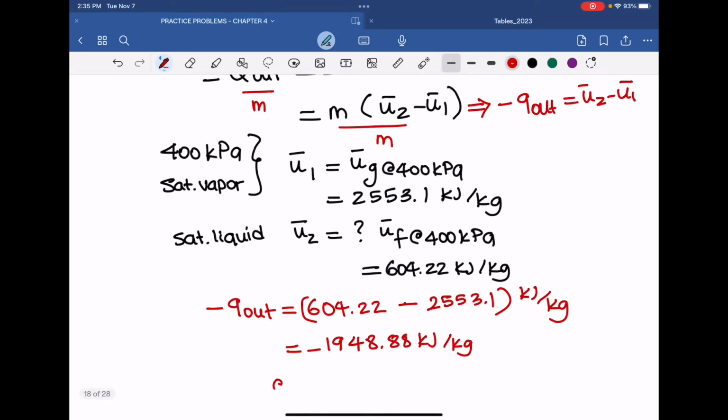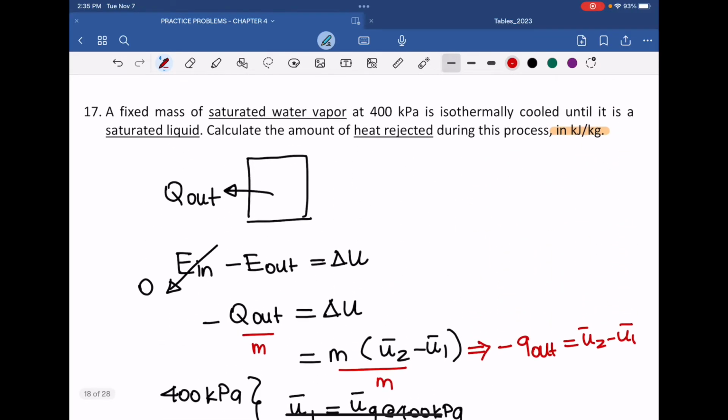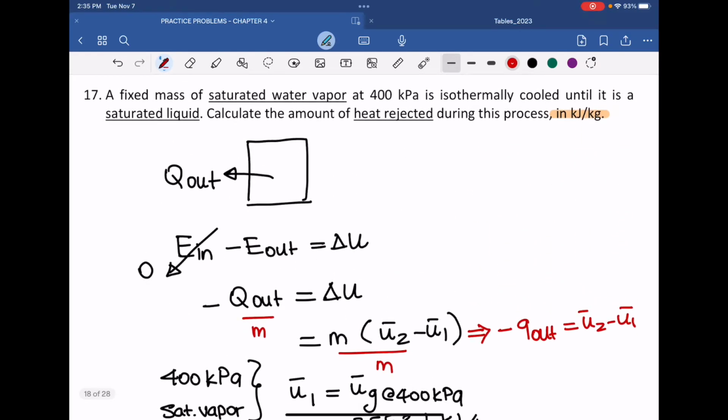So the heat getting out per unit mass is this. Now, if it is a piston cylinder device, then you need to include the boundary work. In this case, boundary work has to be compression. Why?